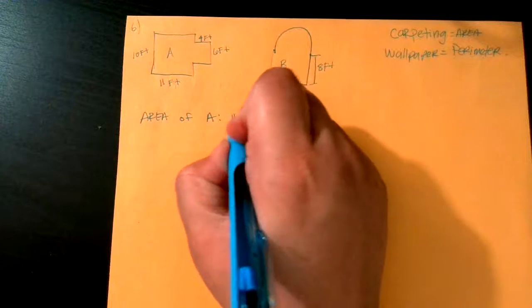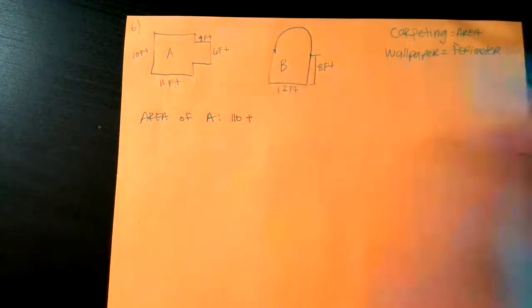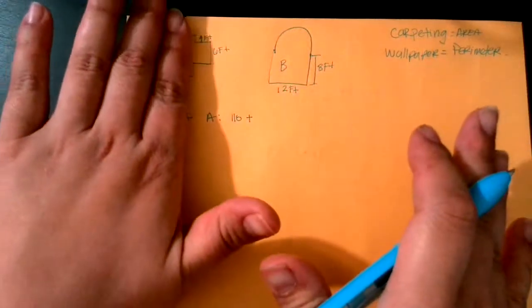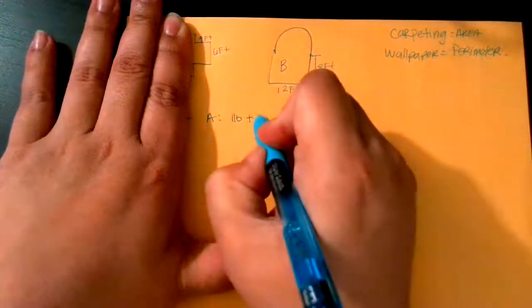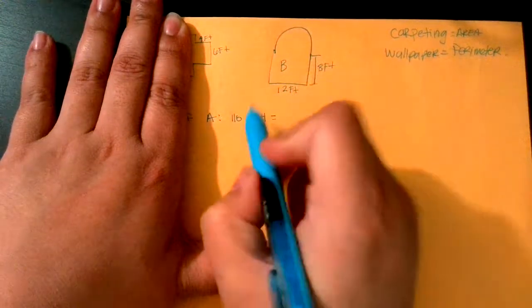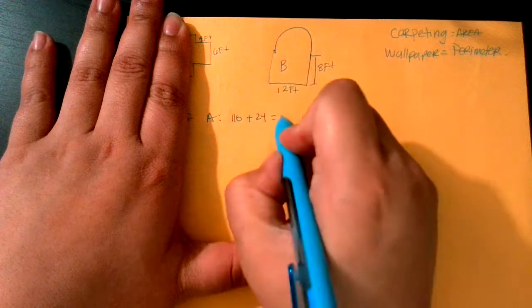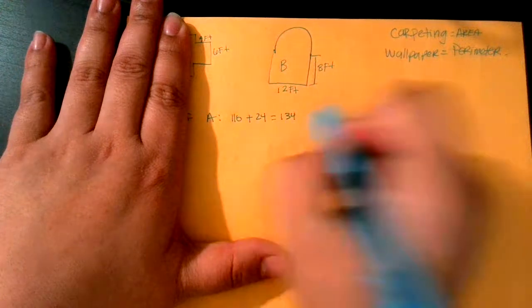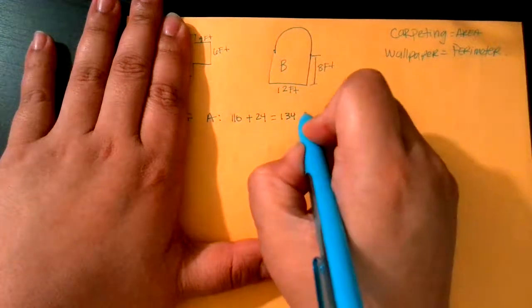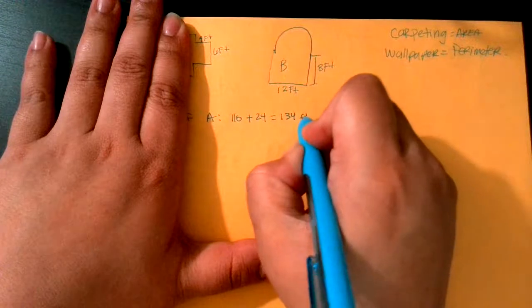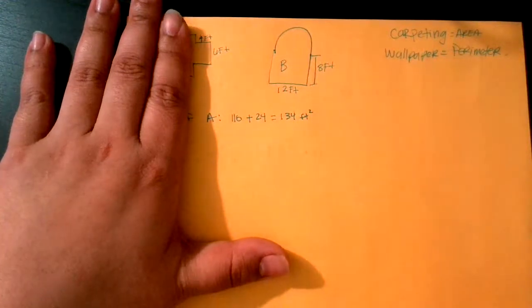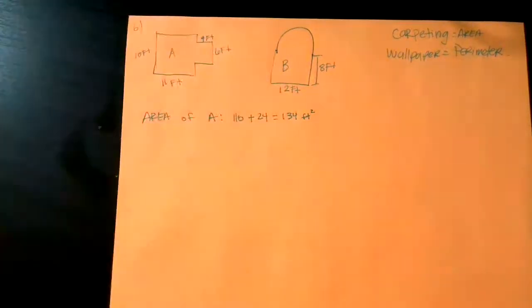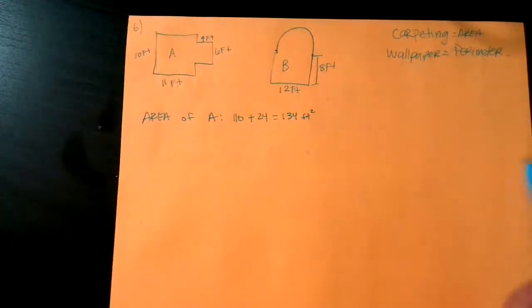So it's 110 plus the area of this little rectangle. 6 times 4 is 24, which is then 134 feet squared. When you talk about area, it's always in square units. So that's the area of A.